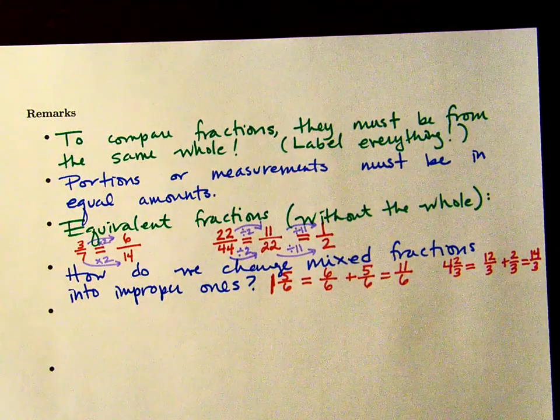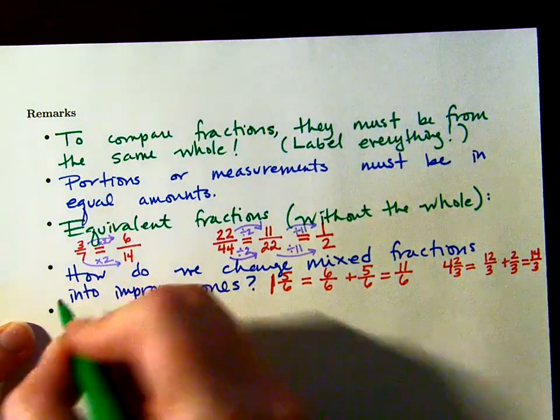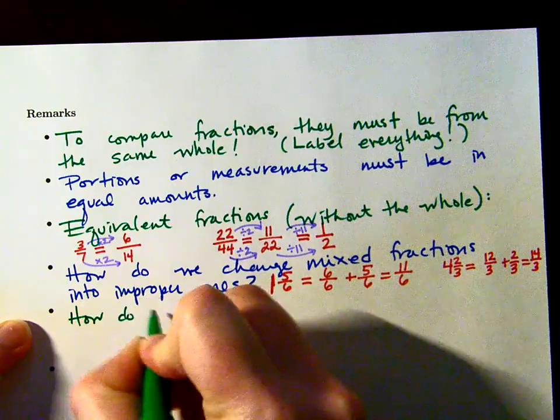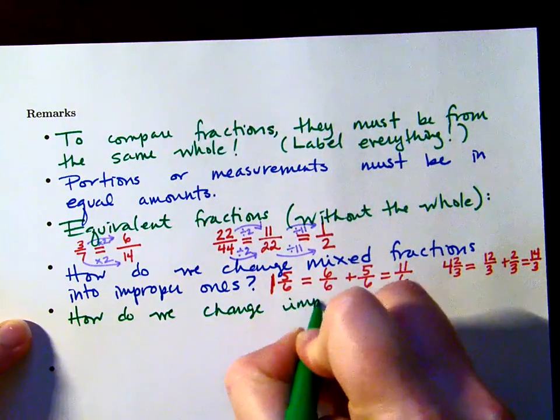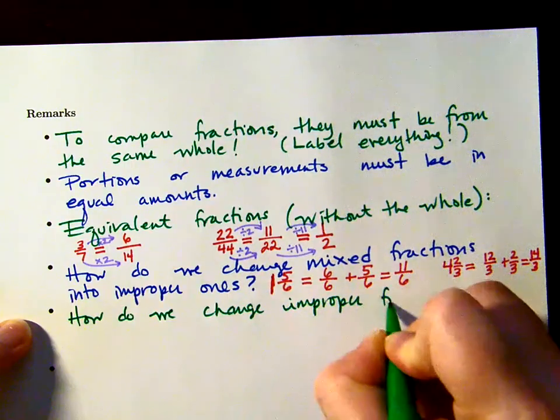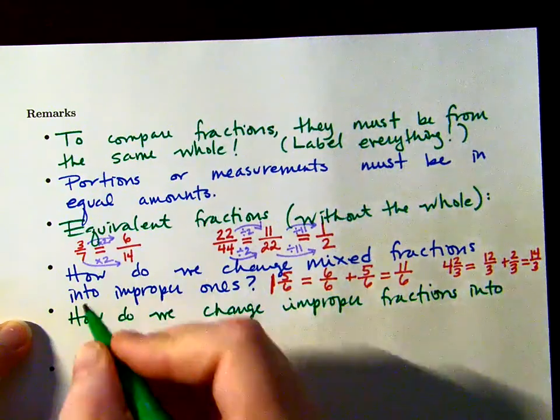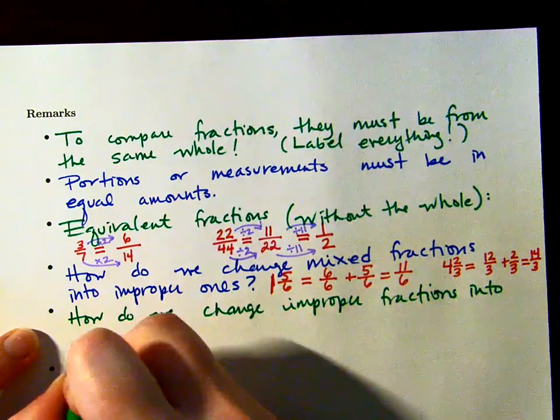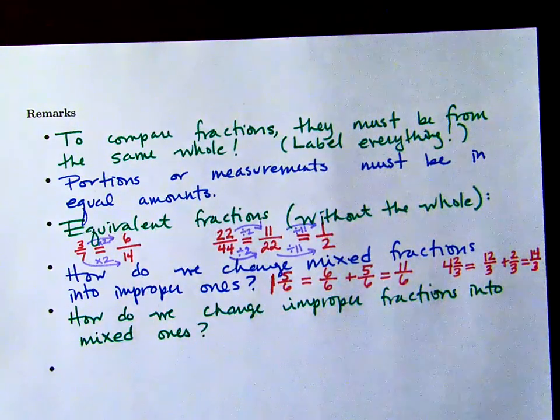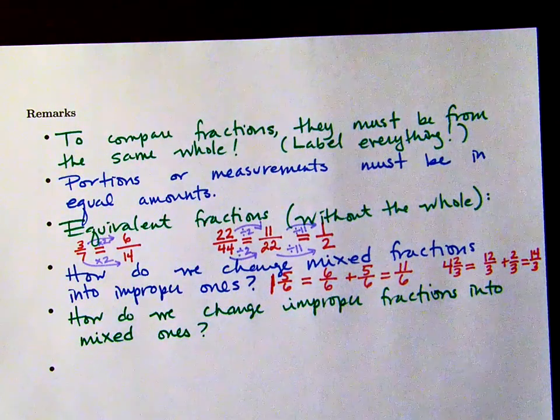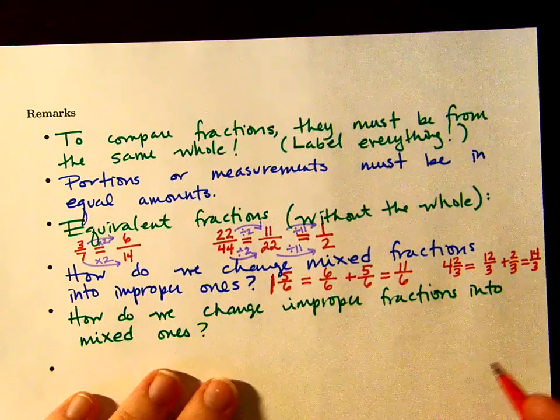Okay, let's go in reverse. How do we change an improper fraction into a mixed one? Okay, so let's take a top-heavy improper fraction and turn it into a mix of wholes and parts.